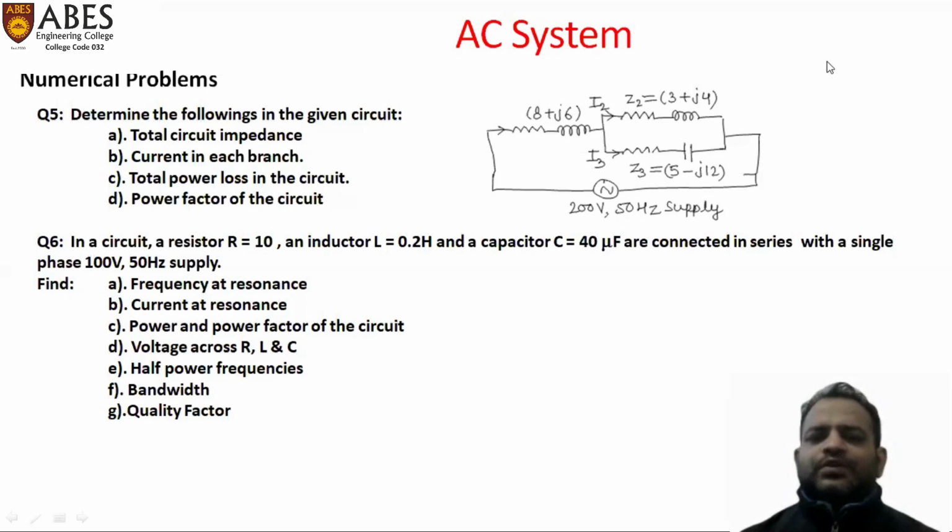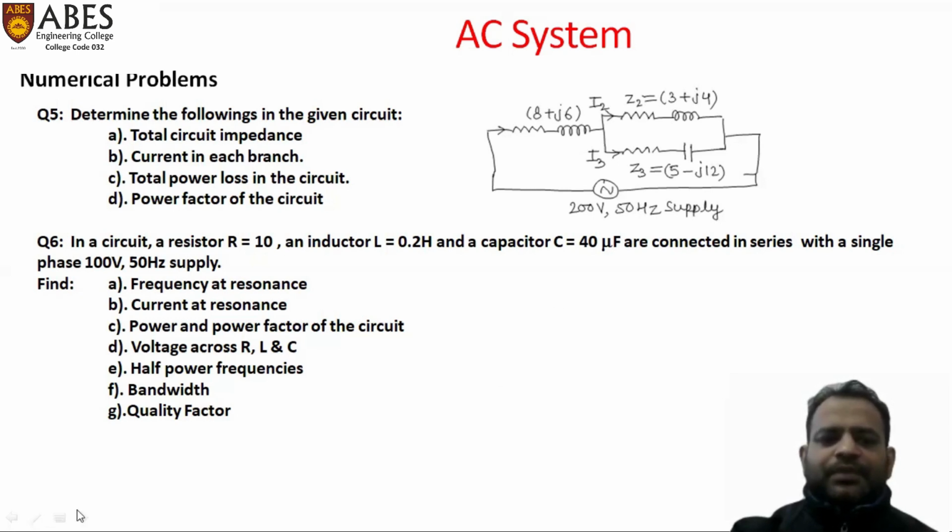And the next question is a resonance question, where the parts are finding the frequency, current, power factor, voltage across the resistance, inductance, and capacitance, half power frequencies, bandwidth, and quality factor. So this is the numerical of series resonance.